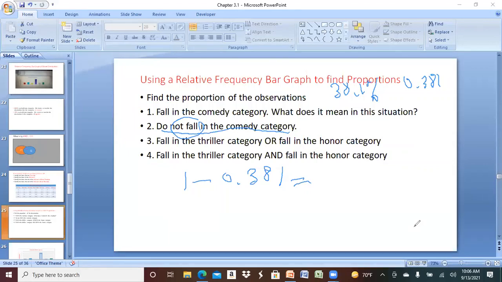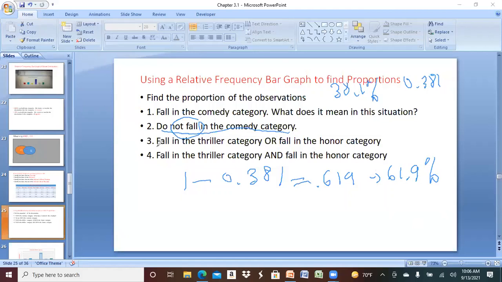When you add the relative frequencies, you have 1. So 1 minus 0.381 gives you 0.619. This is 61.9% not in comedy.